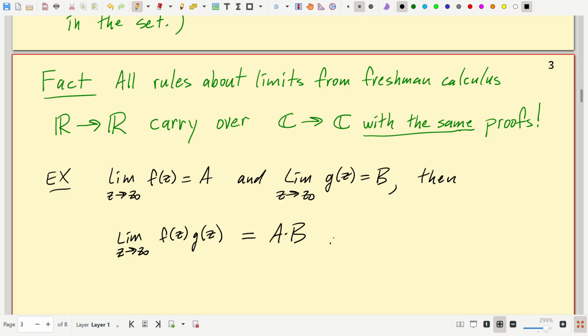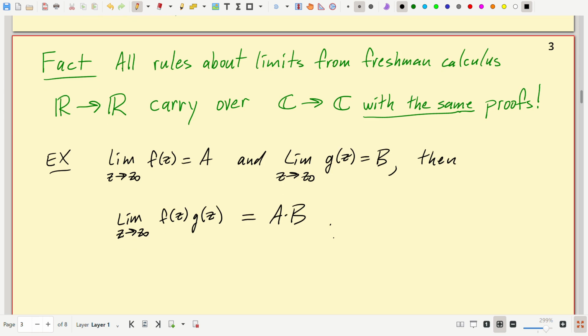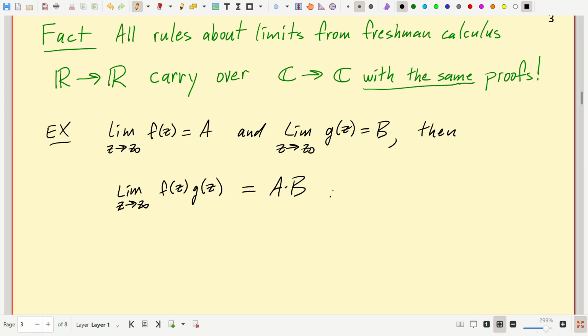And for example, the quotient one would be the same. And of course you have to say provided the denominator didn't tend to 0. Then you'd have the same rule. Maybe I should say that.